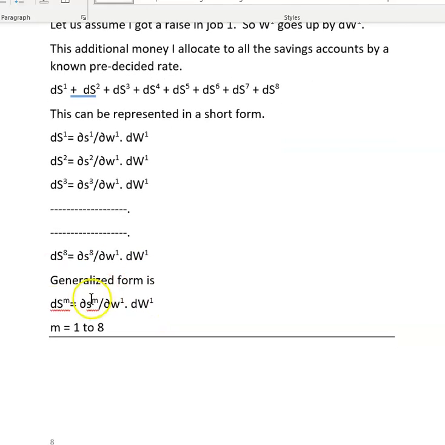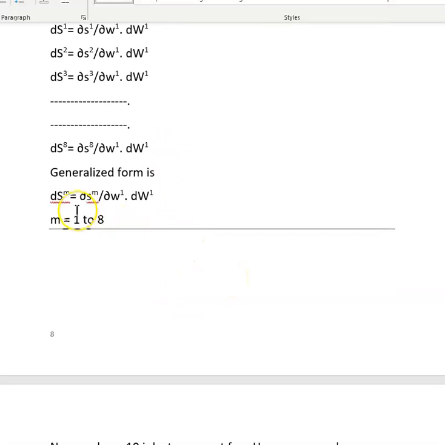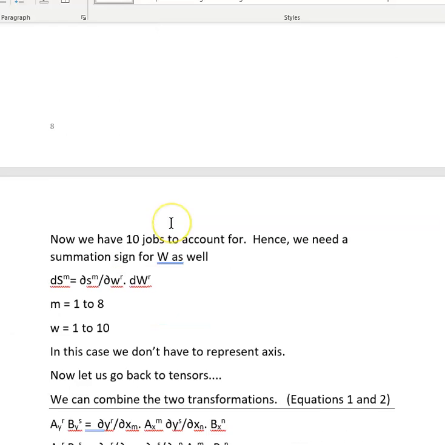So we can generalize this: DSM, M from 1 through 8, partial S over partial W, and W is always 1. As you can see, always 1, so 1 stays the same. M changes from 1 to 8.